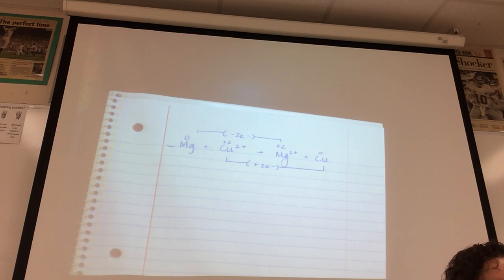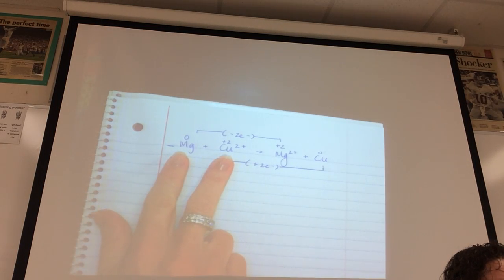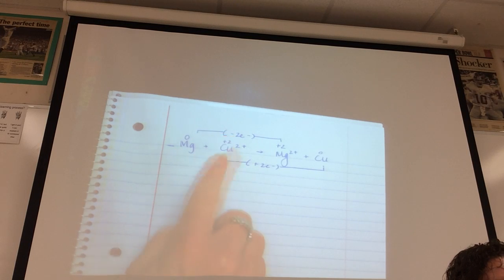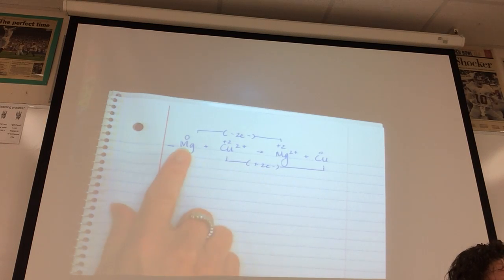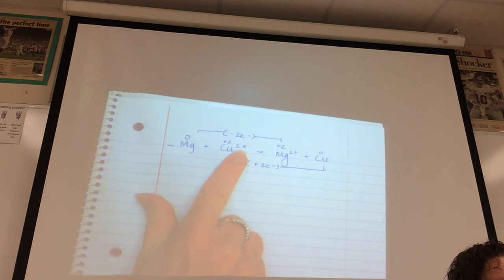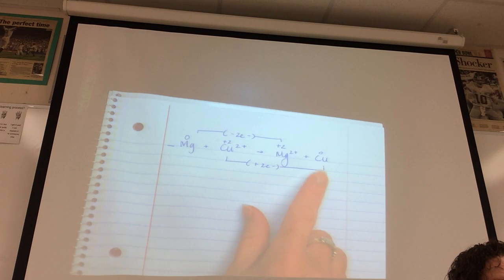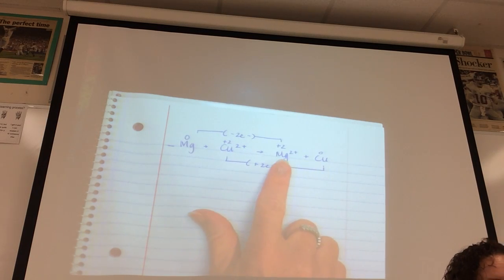The substance that gets oxidized is what? Which substance gets oxidized? Magnesium, because it loses, and the copper(II) ion gets reduced. So magnesium reacts with copper(II) ion. Why can't copper react with magnesium ion?